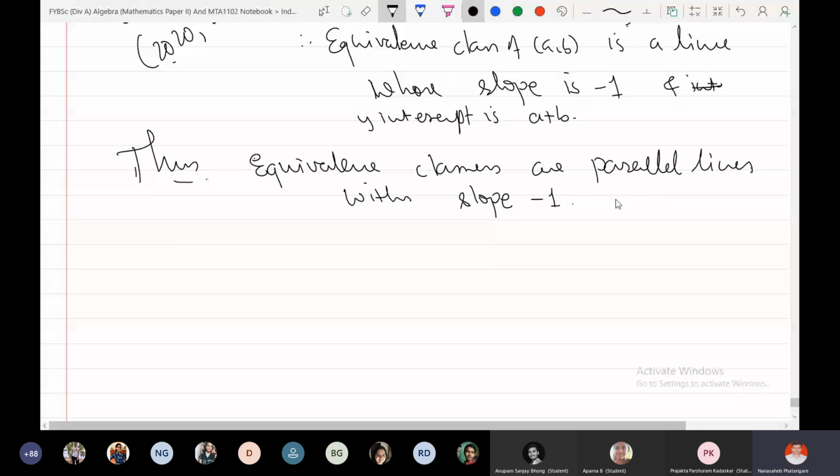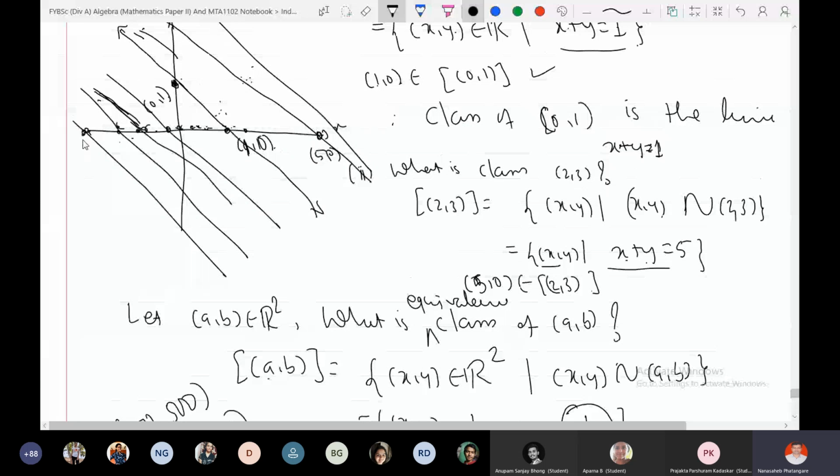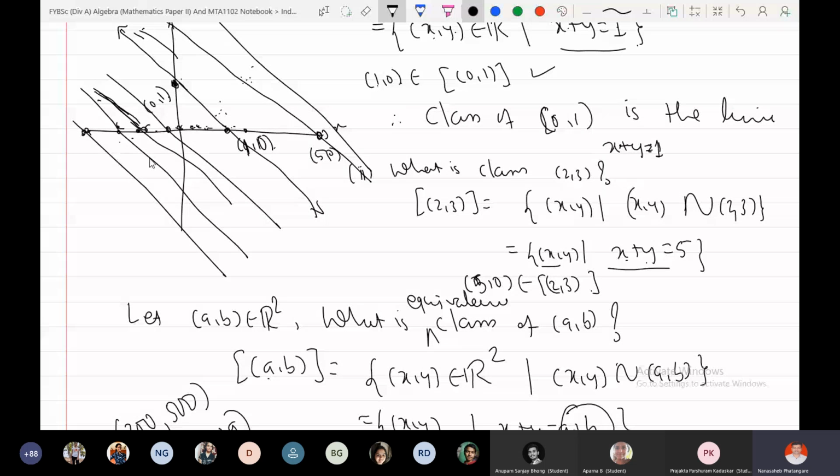So equivalence classes are parallel lines with slope -1. If you assume these as sticks, and you arrange all these sticks one after another, these infinite sticks will fill up this plane, and therefore all these lines together will fill up the entire plane.